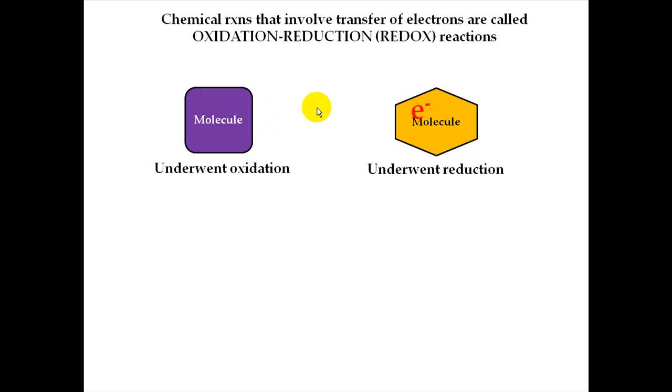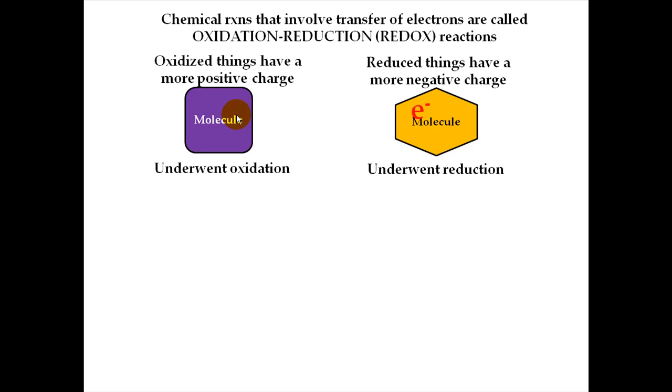Because reduced molecules have accepted electrons, reduced molecules tend to have a negative charge. On the other hand, because oxidized molecules have already given up an electron, they tend to have more positive charges on them.